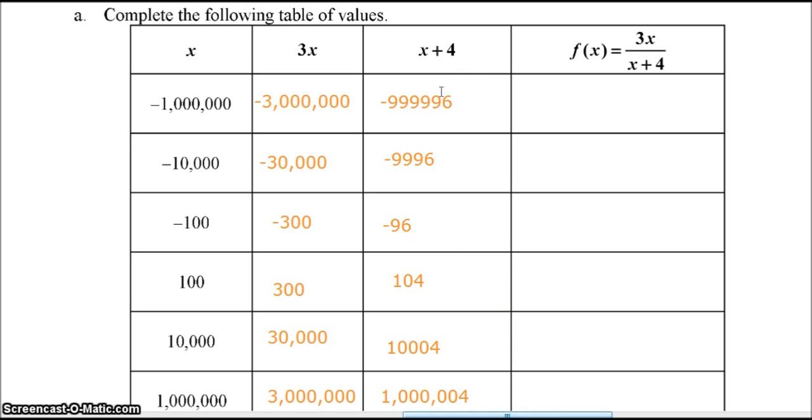I don't notice a whole lot here. As x approaches 0, this one becomes closer and closer to 0, but it's negative, and same thing here. You can also see that as x increases, both of these are increasing without bound. Anyways, what happens if we divide this number by this number?